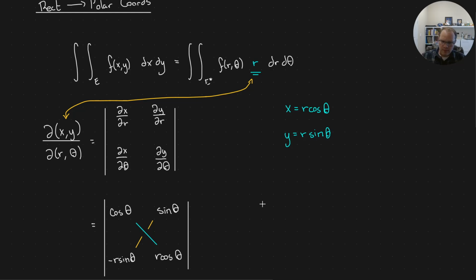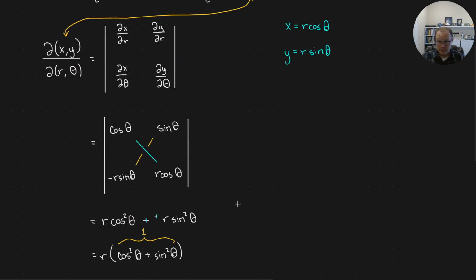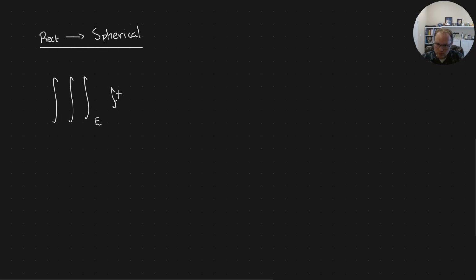Let's try it one more time for a triple integral. Let's try spherical coordinates. So let's try rectangular coordinates to spherical coordinates. Okay, so again, we're not going to focus on the actual function or the actual region.